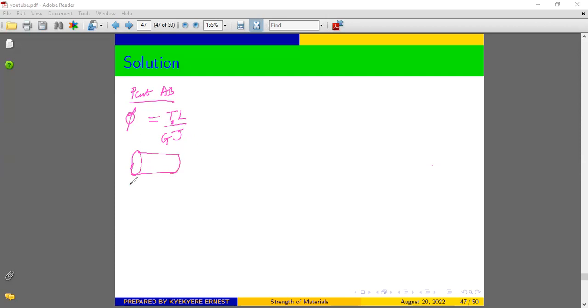So this is what you are going to get. The torque is applied at this side here, and the value of that torque is 800 Newton meter. So if that is 800 Newton meter, then the internal torque in the member can be TAB.